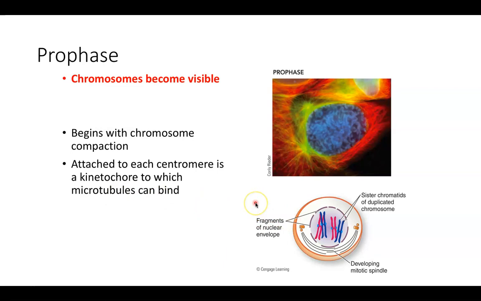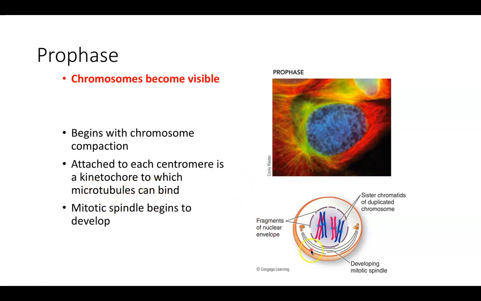Eventually we're going to do a lot of pulling, and think of your chromosome having a handle so that the cytoskeleton can grab the chromosome and pull it wherever it needs to go. So the centromere is the middle of the chromosome, the kinetochore is the handle, and the microtubules are the strings that will eventually attach.